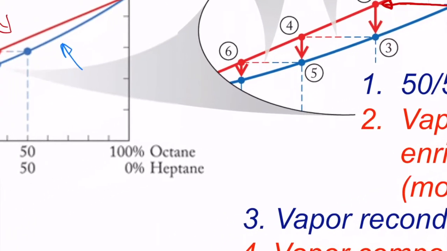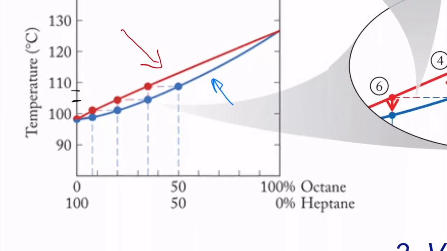Okay, so I'll just go over to the graph here. So what I just drew was here, and that is showing you now that the composition started at 50-50, but now the vapor has a composition of whatever that might be, say 35% octane and 65% heptane, just to make the numbers easy.